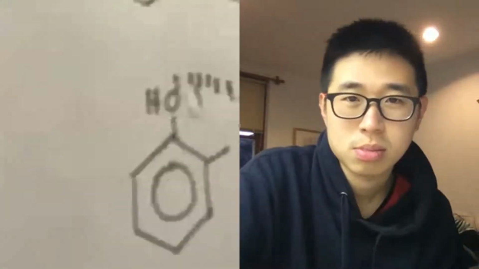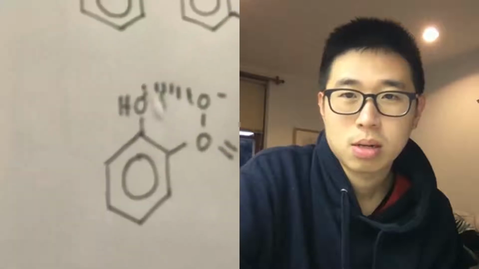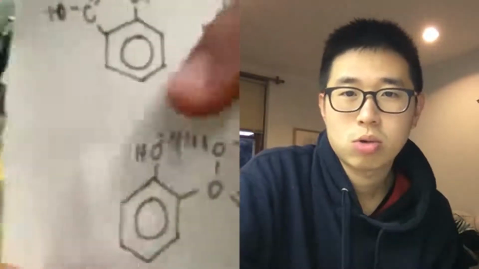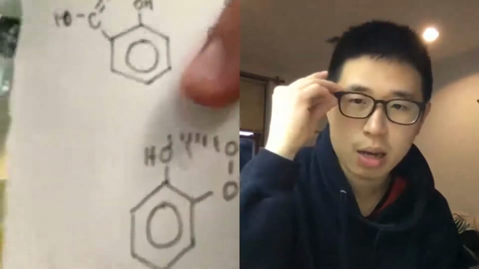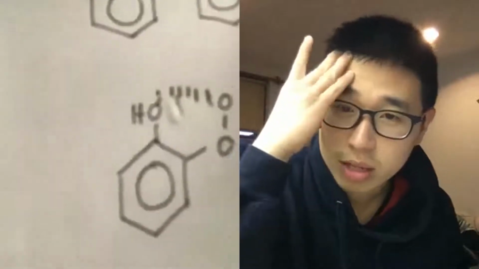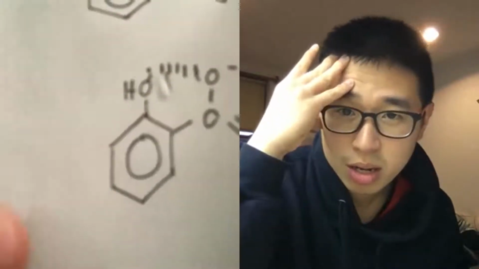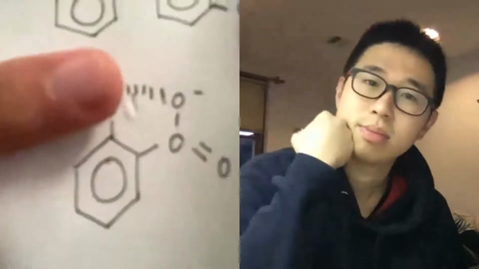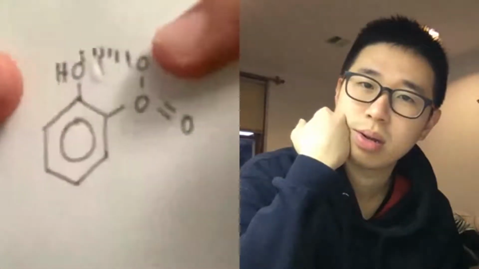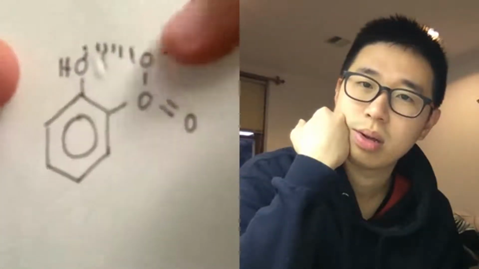Show me again, please. So what you have drawn there, can you describe this to me? What is this interaction between? The oxygen's lone pair forms hydrogen bonding with the oxygen here.